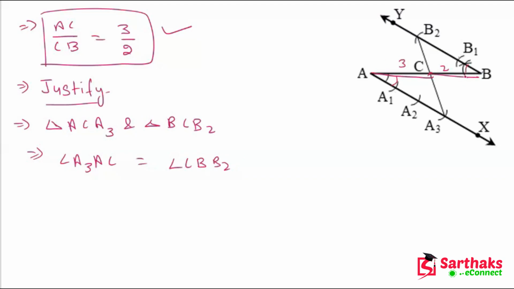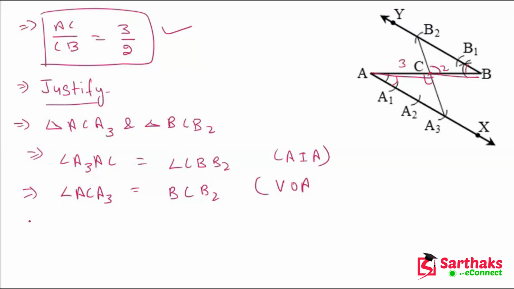This angle is equal to this angle because they are parallel lines, and this is the alternate interior angle. I hope you get this point. And we can also say that angle ACA3 is equal to angle BCB2. How? Vertically opposite angles.